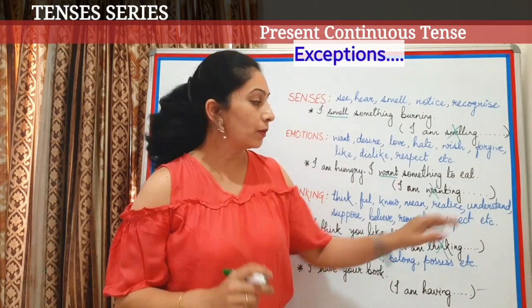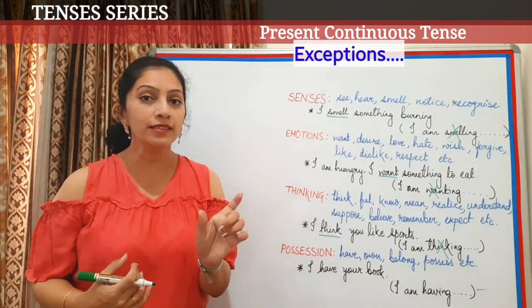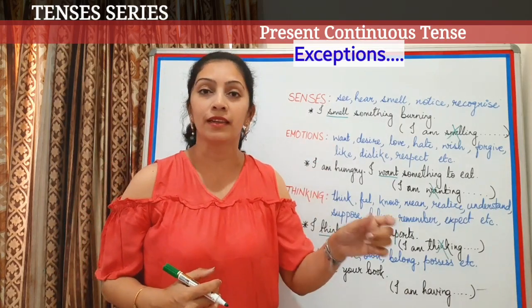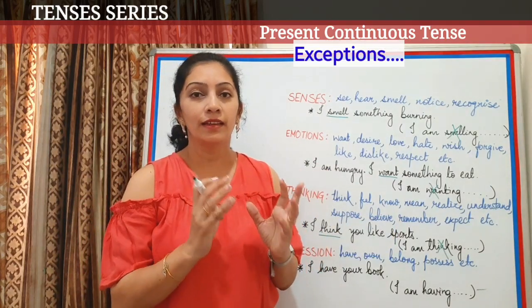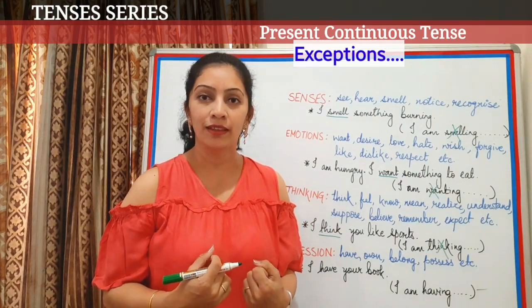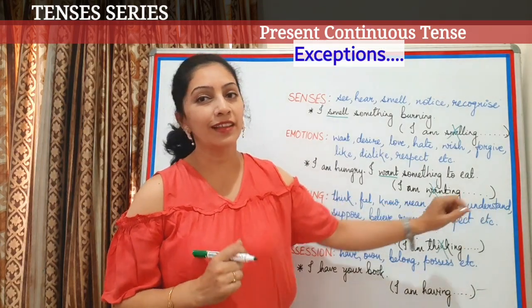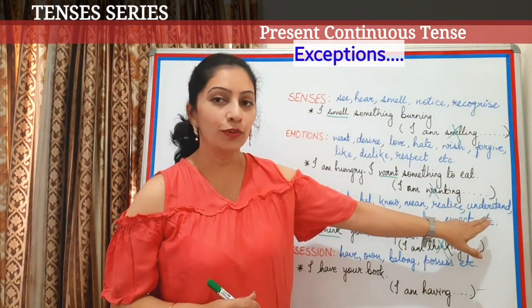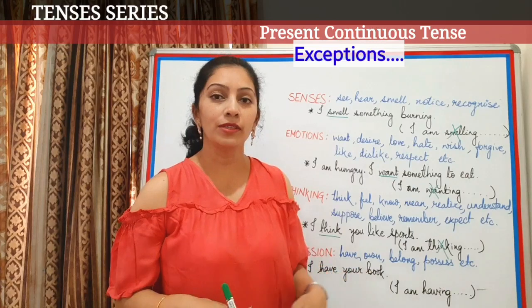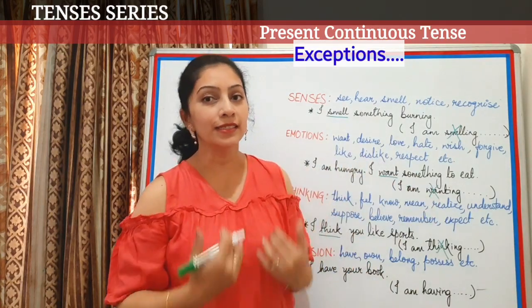That word understanding can be a noun, a quality of being understandable. But if I use it as a verb, then I cannot use the ing form. Instead I will say I understand you or he understands me.